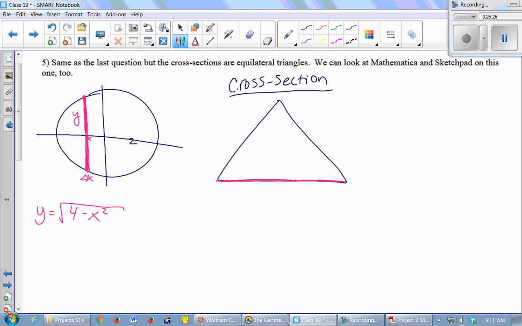So I just sort of plucked that out and drawn it in a different orientation. And I know that this distance is 2 times the square root of 4 minus x squared. 2 because this is y, and I'm building this on a sort of a double y, the top part and the bottom part.